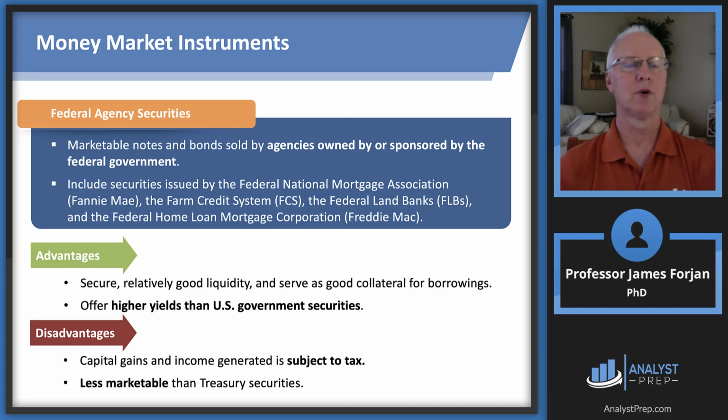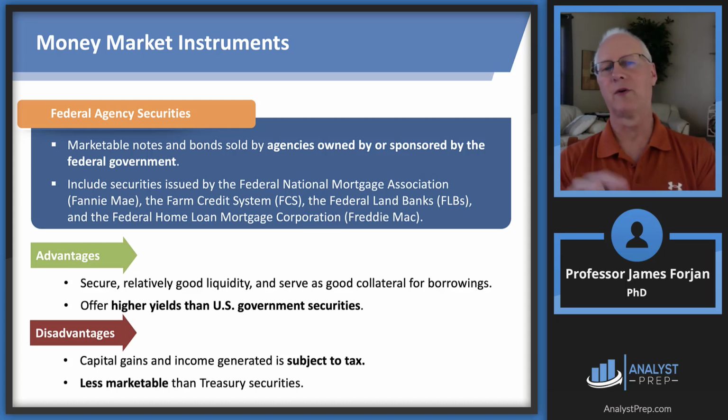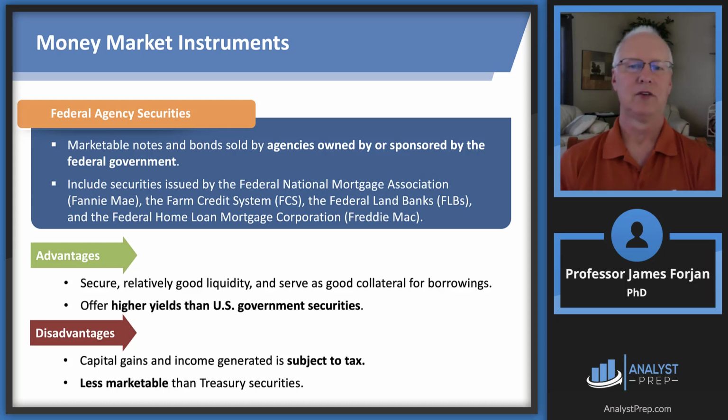How about short-term securities that are issued by the various federal agencies? Now, of course, these are ones that mature within a year. And we have all these federal agencies like the Federal National Mortgage Association. So say those first four letters fast: FNMA, FNMA. So that's Fannie Mae. There's also Farm Credit System. There's Federal Land Banks, and then there's Freddie Mac.